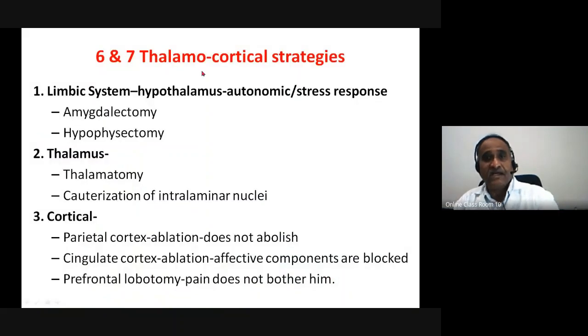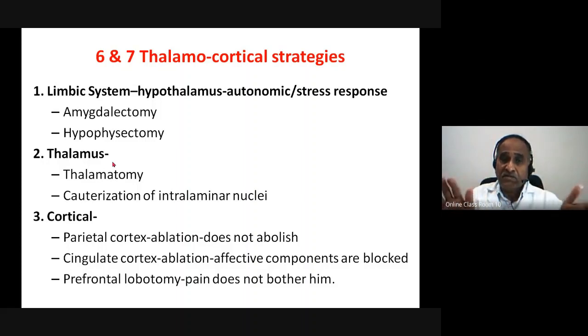Then coming back here, thalamocortical strategies. I have just summarized it in a simple table here. Thalamus: you go to the particular thalamic area and destroy the mediodorsal nucleus of the thalamus. The affective component of the pain, which is going to the cingulate cortex, may be deprived.